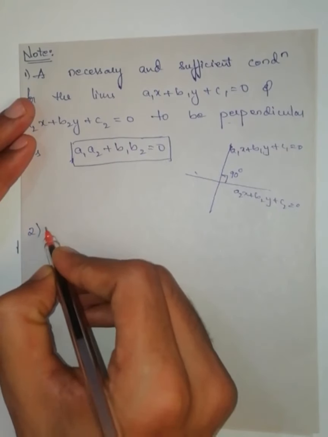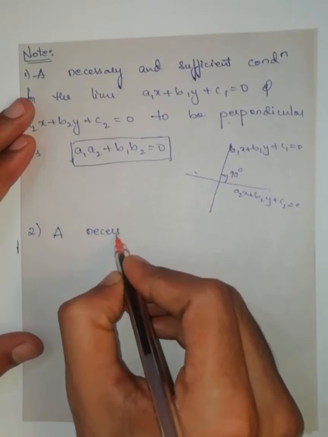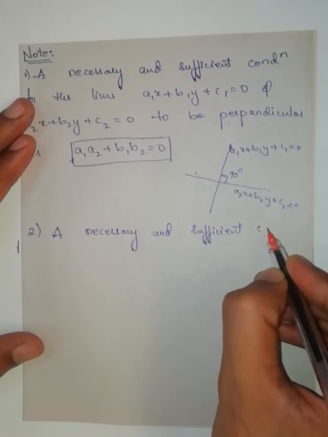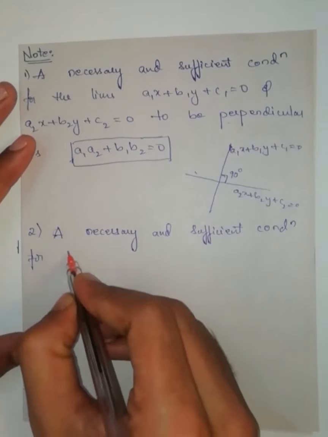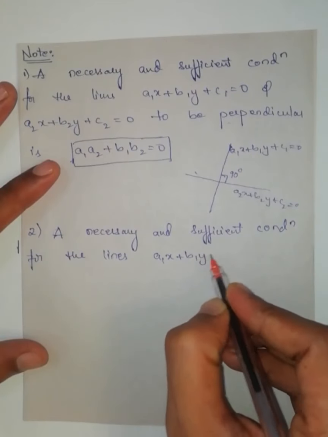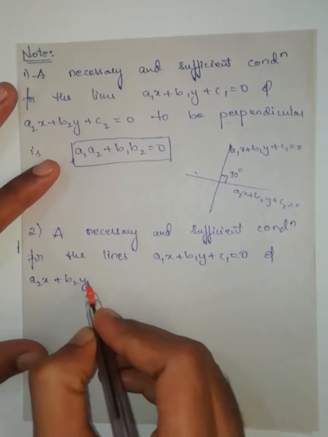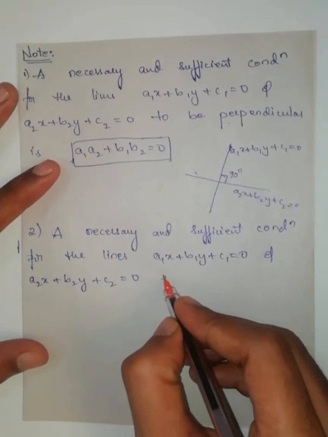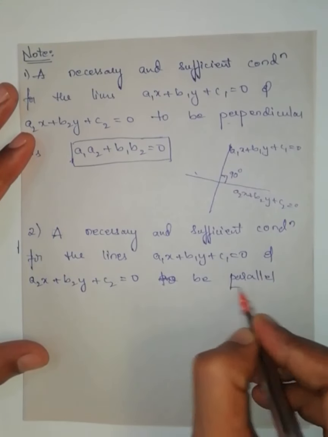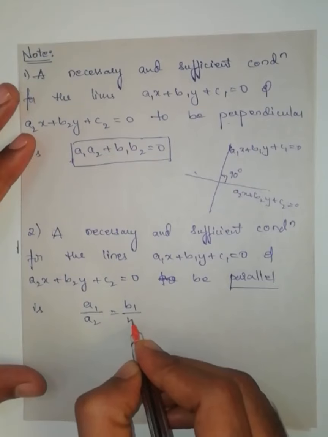Second one: a necessary and sufficient condition for the lines a1x plus b1y plus c1 is equal to 0 and a2x plus b2y plus c2 is equal to 0 to be parallel is a1 by a2 is equal to b1 by b2.